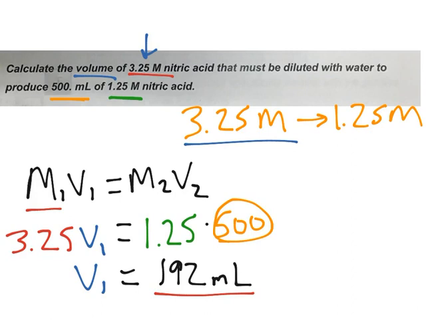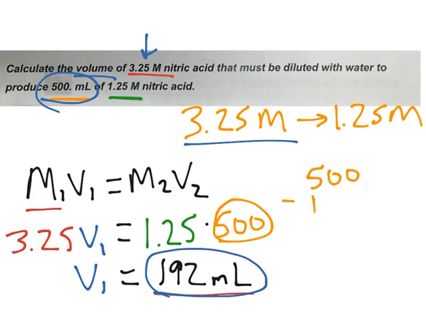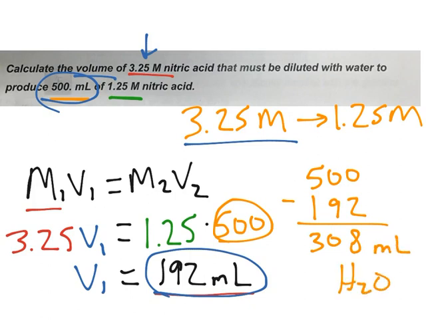Well, this might not make any sense because I'm only using 192 milliliters of nitric acid. Where did the rest of this volume come from? That difference is due to the water that you added. Since you need 500 milliliters of total solution and 192 milliliters is coming from the concentrated acid itself, you actually need to add 308 milliliters of water.